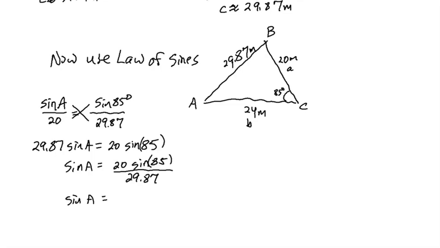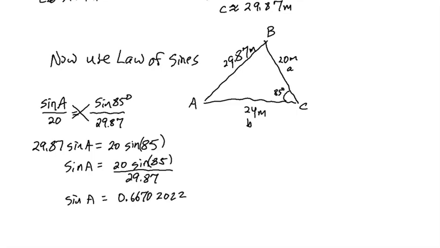So we just type this in the calculator. Make sure to press equals before you divide by 29.87. So 20 times sine 85, close bracket, equals, and then I'm going to divide by 29.87. And you're going to get a stupid looking number like this, right? It's the sine of an angle. 0.6670, and I'm going to put a lot of the decimal places.